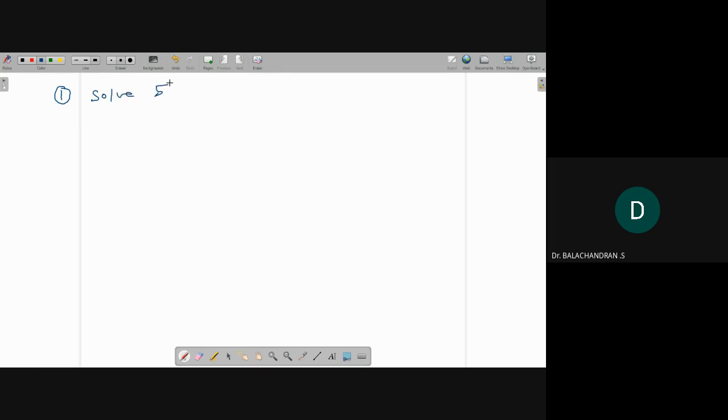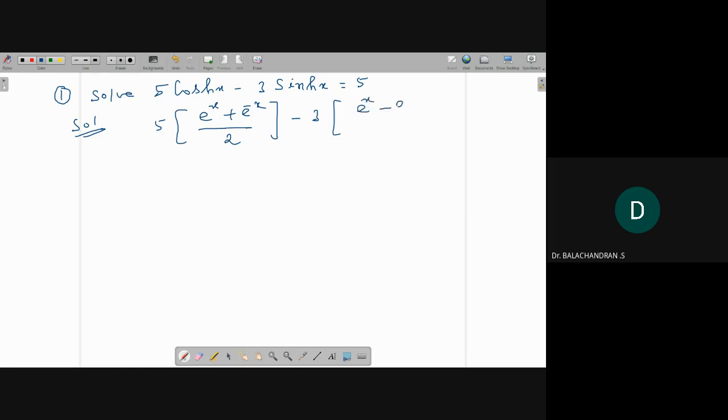5 cosh x minus 3 sinh x equal to 5. So solution. So 5 into (e power x plus e power minus x) by 2 minus 3 into (e power x minus e power minus x) by 2 is equal to 5.